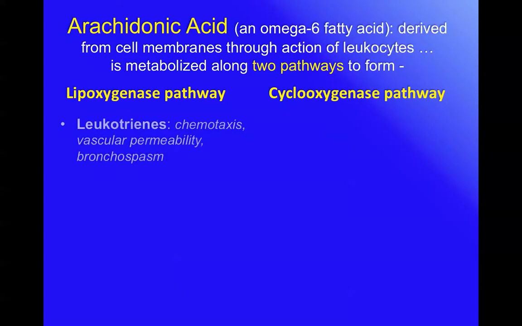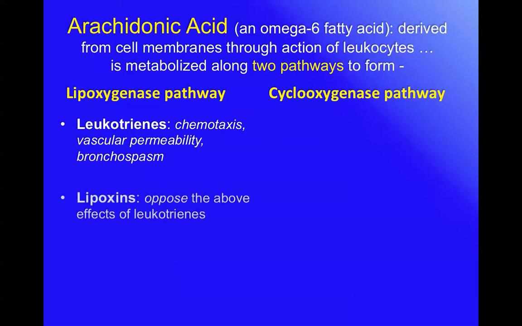The lipoxygenase pathway produces leukotrienes. These promote chemotaxis, vascular permeability, and the bronchospasm associated with asthma. And it produces lipoxins. These oppose the effects of leukotrienes and are therefore considered anti-inflammatory.